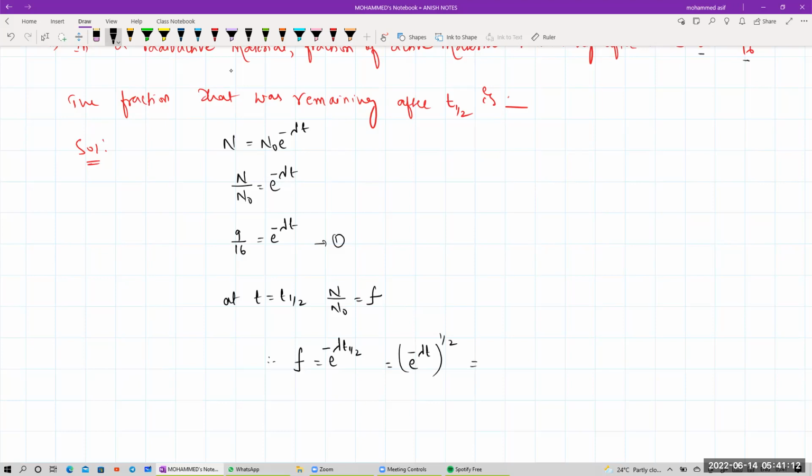So that will be equal to exponential to the power of minus lambda into t की value, कितनी आ गई? 9 by 16. So it is 9 by 16 to the power of 1 by 2, यानी this will become 3 by 4. Clear? That will be the answer.